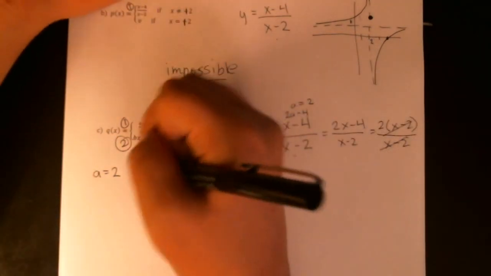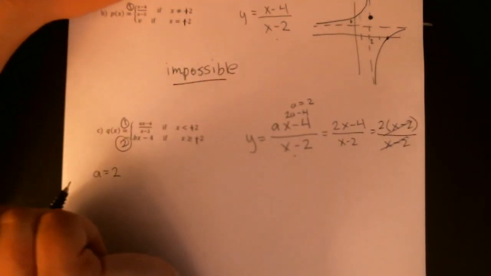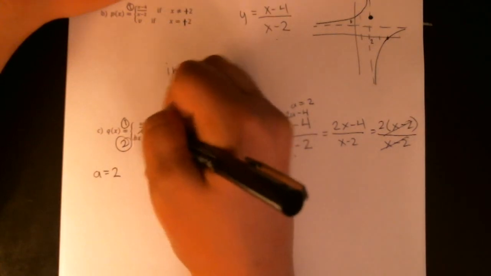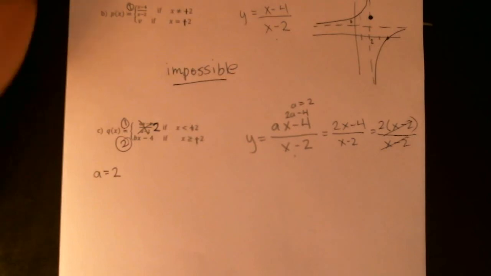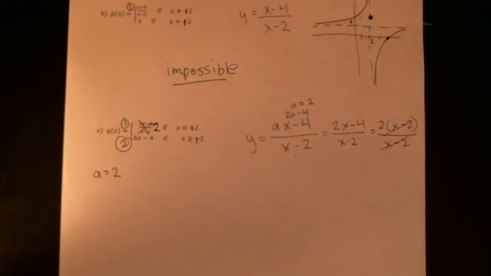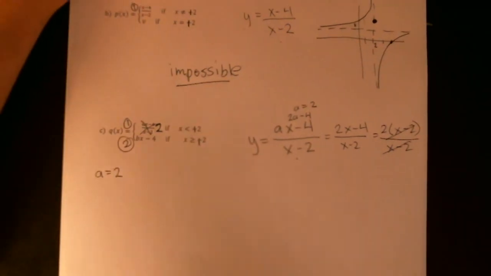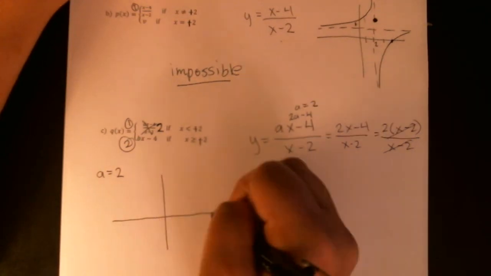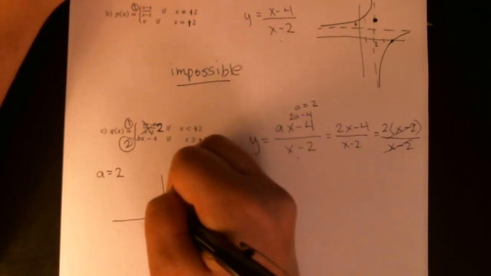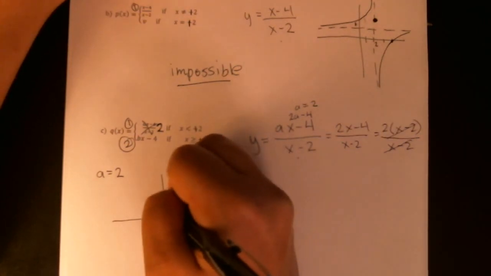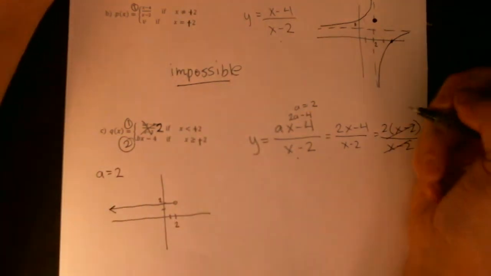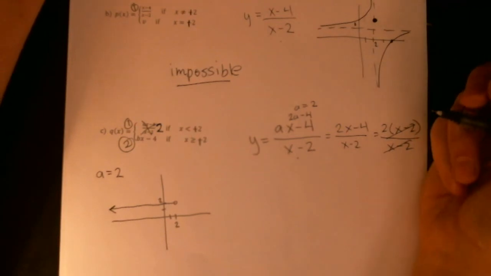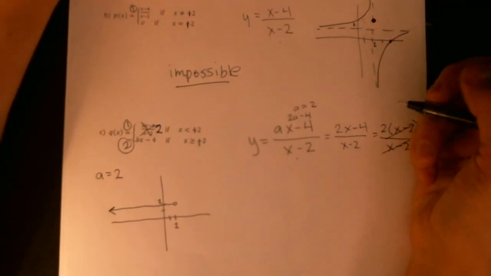So really, by choosing a equals 2, this is getting boring with all these 2s, I've just changed the top piece of this function to be y equals 2. That's all it is now. So I've just made the top a horizontal line. So if x is less than or equal to 2, then y will equal 2. Looks like this.